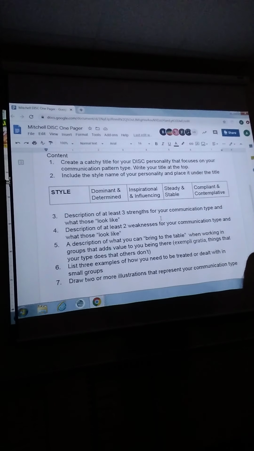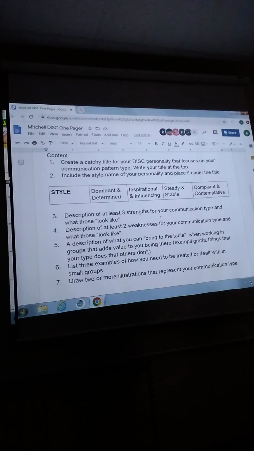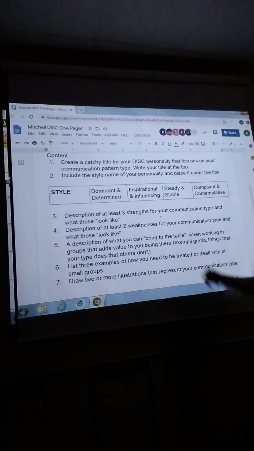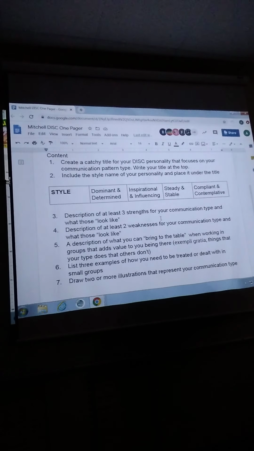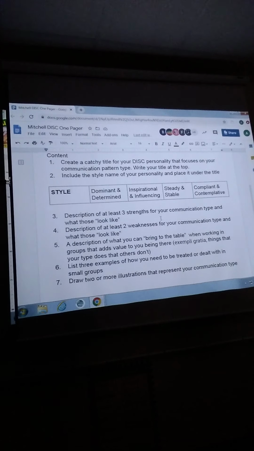Okay, if you do a Google slide, you could fit everything on a Google slide. And then when I print it out, it'll print out the size of a full piece of paper. So if you do your Google slide, you can do it on 1 page. If you do a Google Doc, do it on 1 page, spread it out so that it takes up the entire page. And then obviously if you do a regular piece of paper, spread it out so it takes up the entire piece of paper.